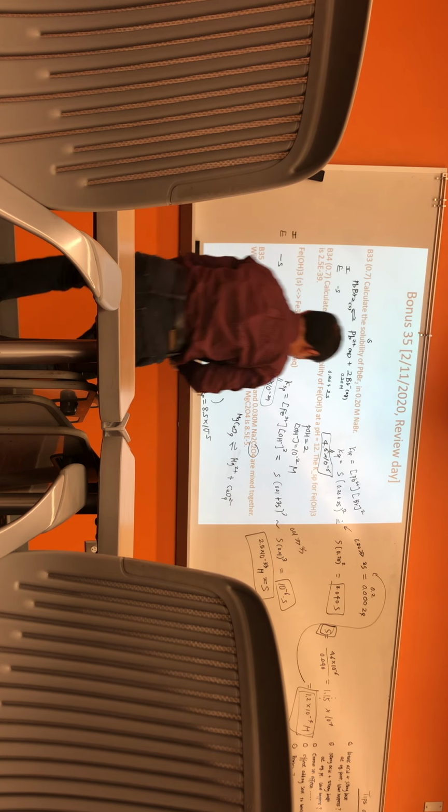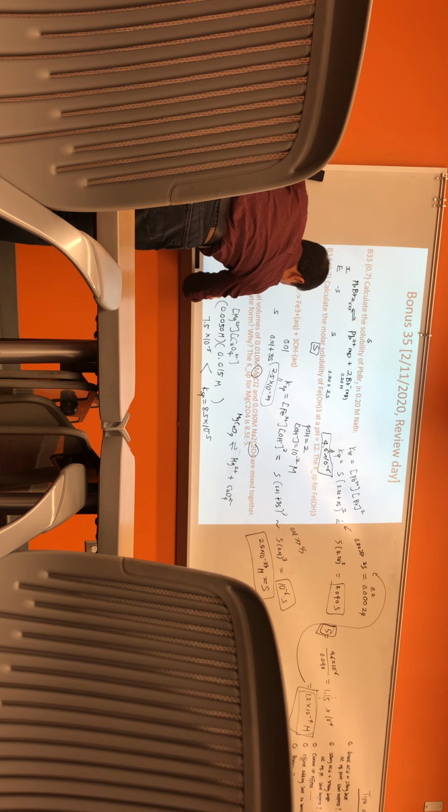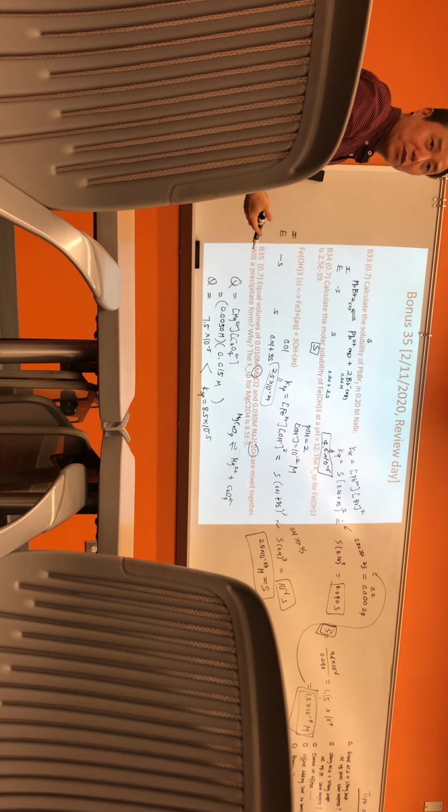So which one is greater? That one is greater. So the Q value is smaller than Ksp. So that means no precipitate.